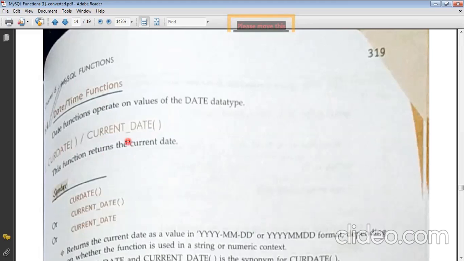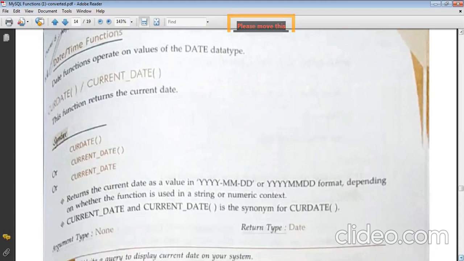The first function you are studying is to find out the current date. You can use it in three ways: CURDATE, CURRENT_DATE, or CURRENT_DATE without parentheses will also work.